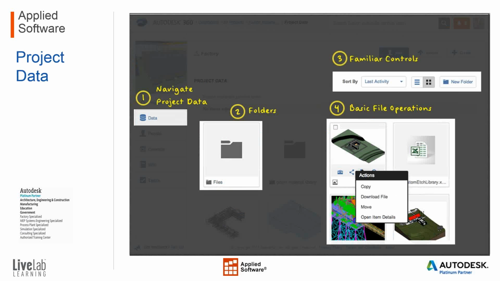And to get into the actual data part of the portal, once you pick on that, you can kind of create folder structures in there and kind of divide files up with folder structures if you need to. You can dive into those folders and see the individual files in there. Basic operations, you can copy the files, you can download the files or move them or open the files here in the web portal.